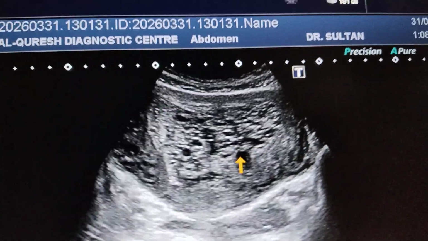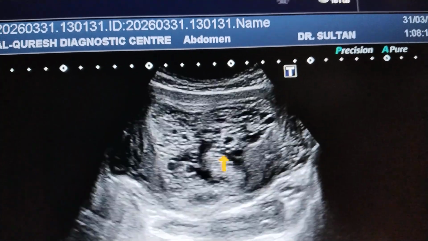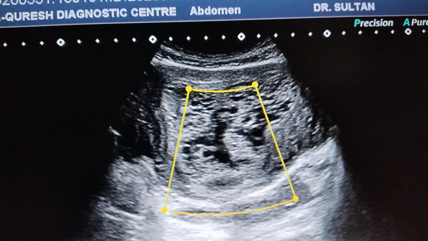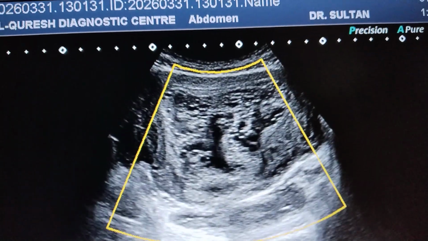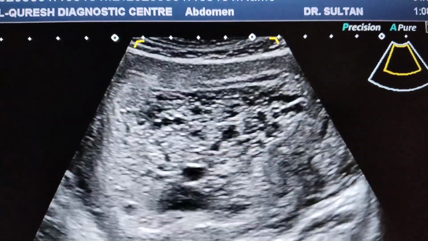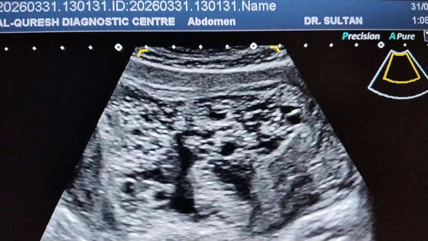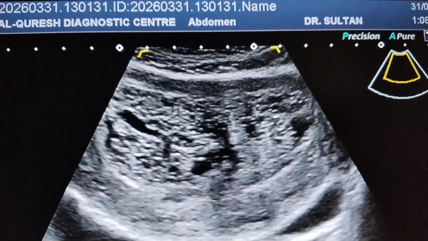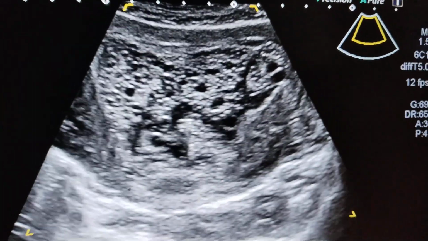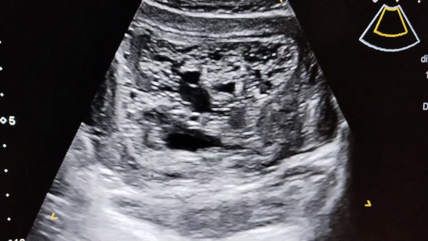So I am going to zoom in to locate any fetal pole, but we can appreciate that the mass is all around the uterine cavity, and we cannot appreciate any fetal poles.